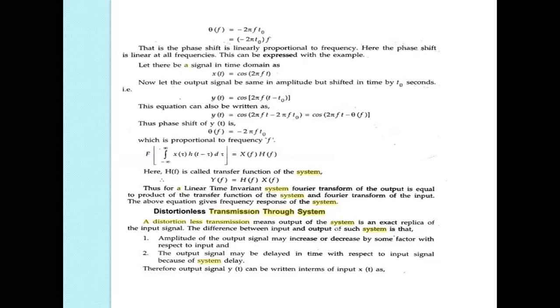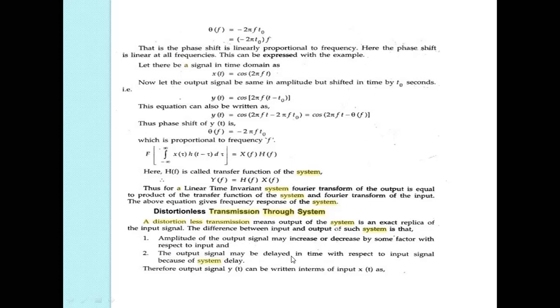That signal is transmitted and received at the receiver. The difference between the input and output of such a system is that the amplitude of the output signal may increase or decrease by some factor with respect to the input signal.